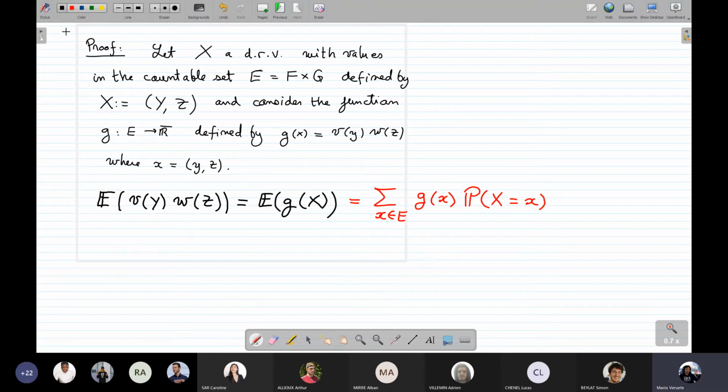Now, this sum over x is actually a double sum because x has two components.